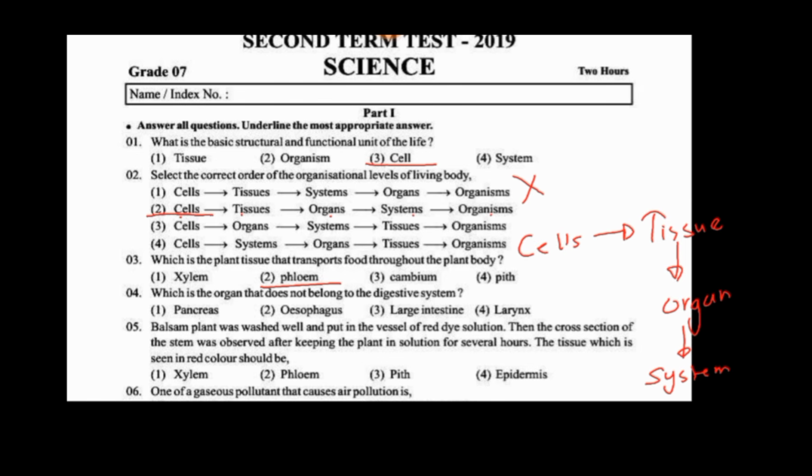Then question number 4, which is the organ that does not belong to the digestive system? Right? Yes. So, under the lesson called biological processes, you learn about two body systems in the human body, the digestive system and the respiratory system. Right. What are the organs present in the digestive system?